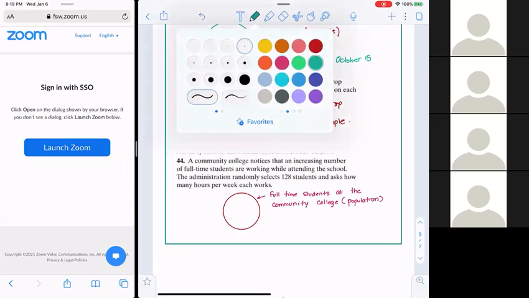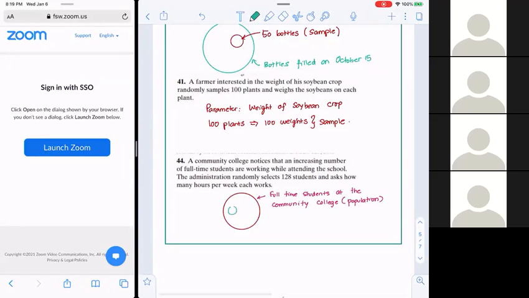The 128 students we picked would be the sample.